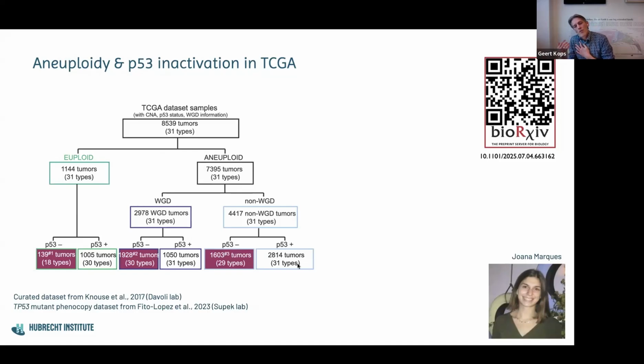And we included not just p53 mutation status, but also p53 mutation phenocopy data. So this is transcriptome data, transcriptomes that are similar to p53 mutant transcriptomes, and are usually caused by mutations in MDM2 or 4 or USP28 mutations.